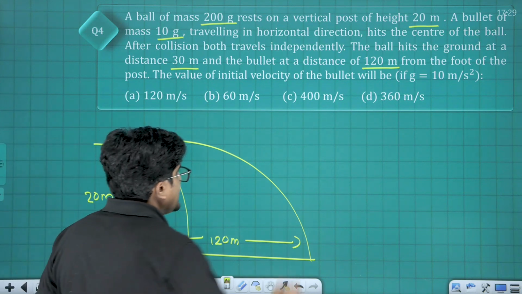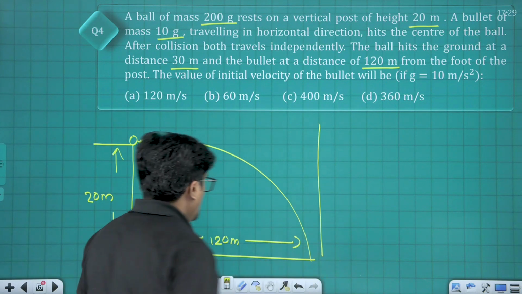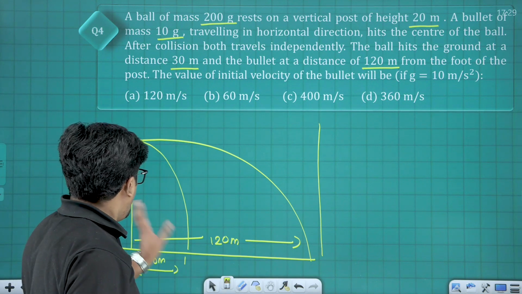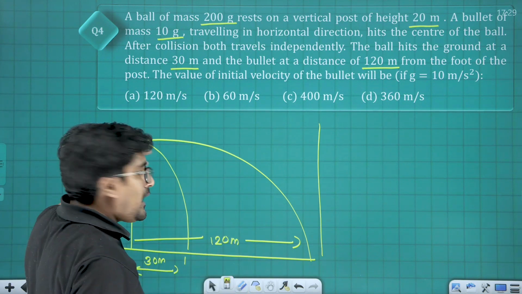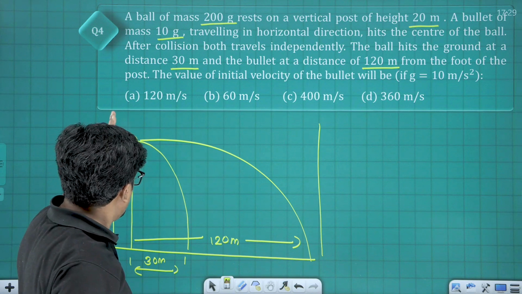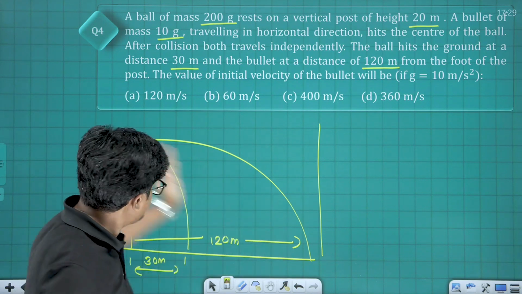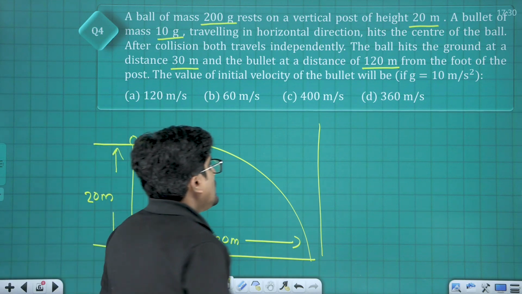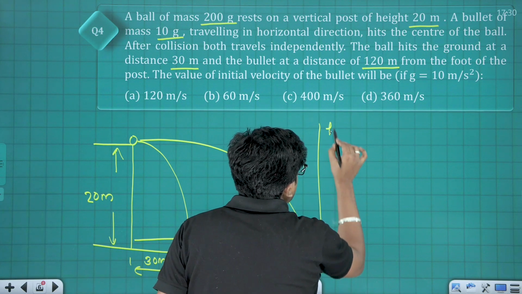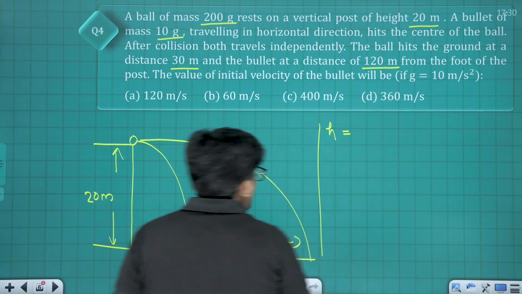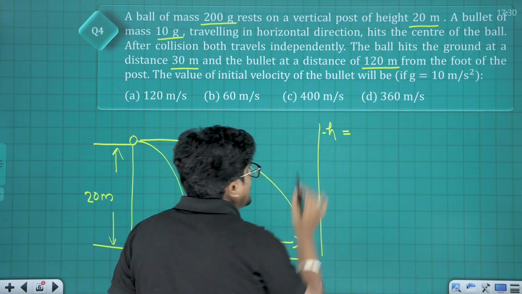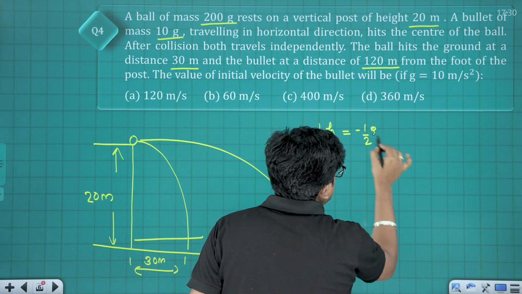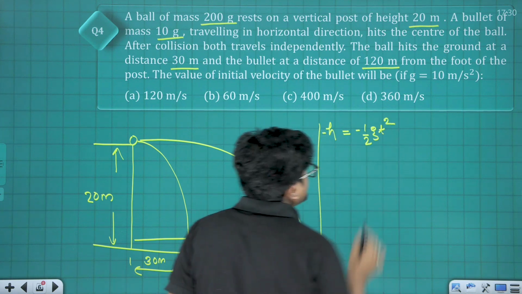All right. Yes. Now, first of all, what we need to calculate is the time taken by the ball and bullet to travel from the top to the bottom. This is the first thing that we are going to calculate. We all know that displacement along y-axis in the downward direction is minus half g t square.